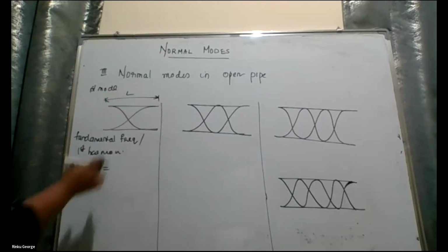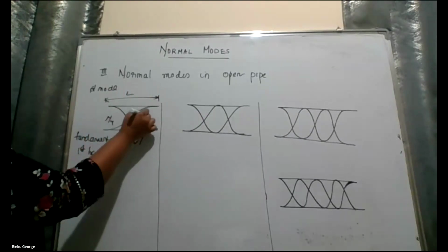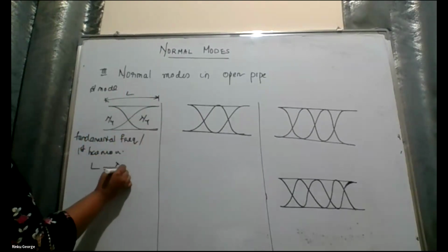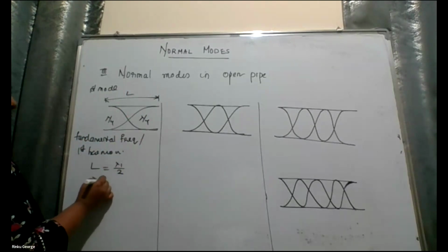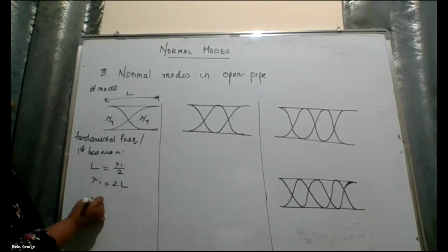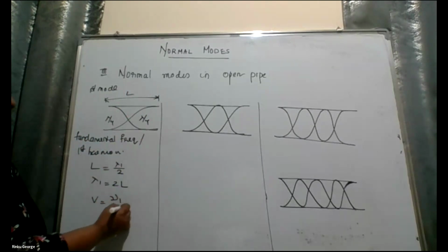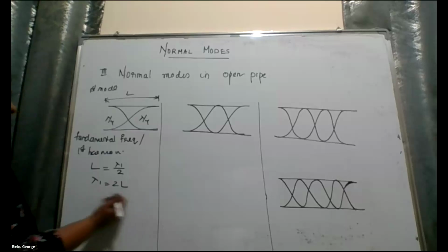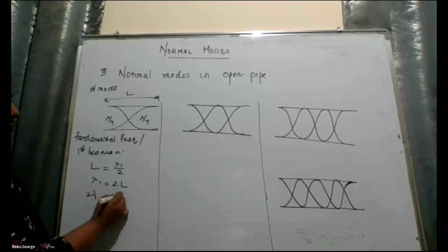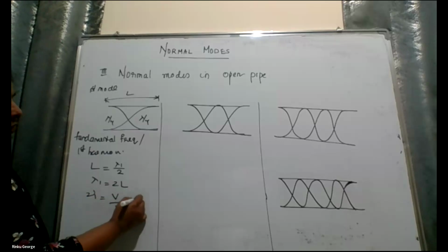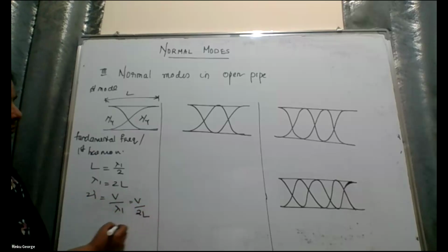Lambda by 4? Lambda by 2. Lambda 1 is equal to 2L. Nu 1 is equal to V by lambda 1, or V by 2L. Nu 1 is equal to V by 2L, correct?